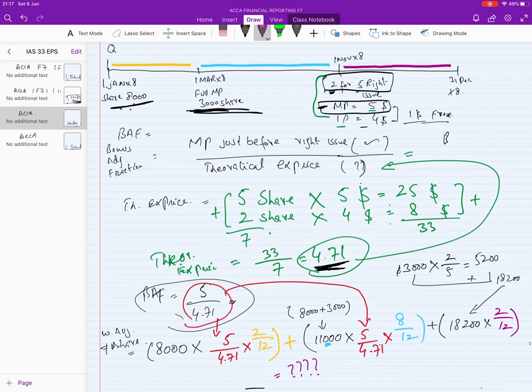Now you will have 12,234 shares. So this is the way you can calculate, for the last 2 months.